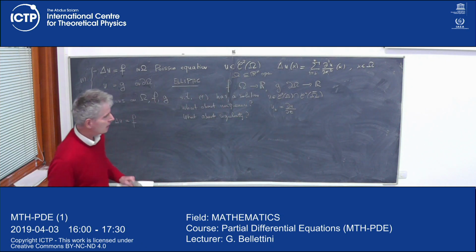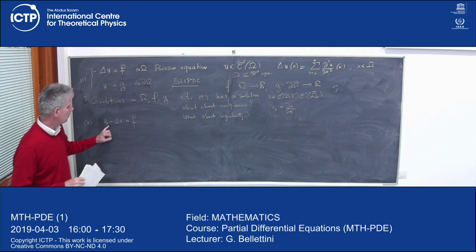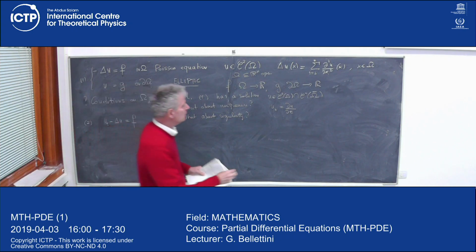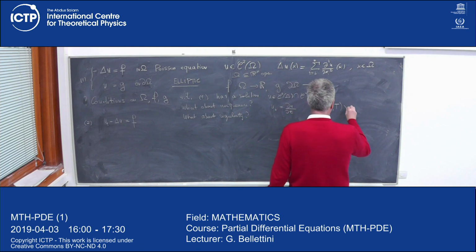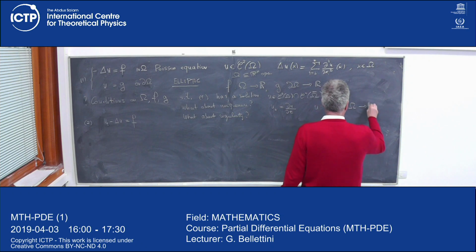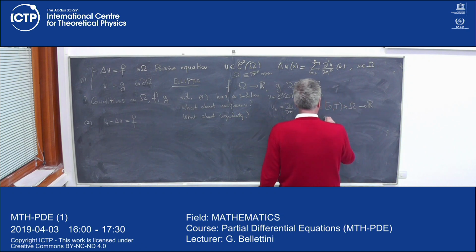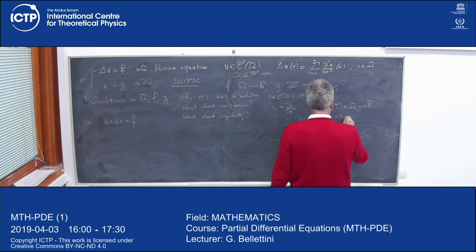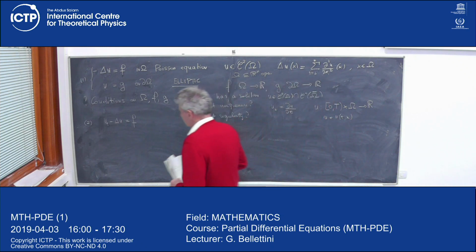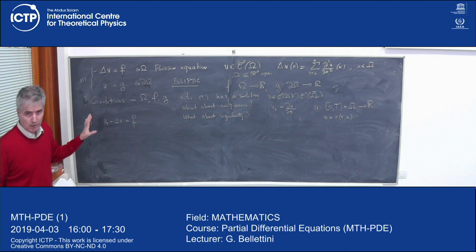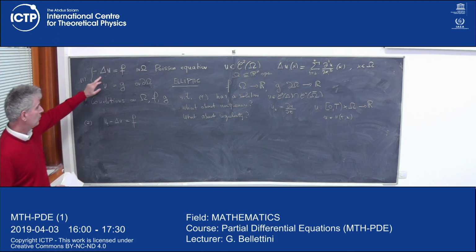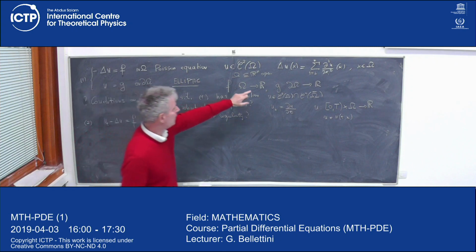Suppose that u is a function depending on the variables t and x, so say u is defined from some (0,T) times a set to R. So we have u equal u of (t,x). Everything here is scalar. I will not tell you anything about systems, okay? So u is a scalar function. It takes values in R.